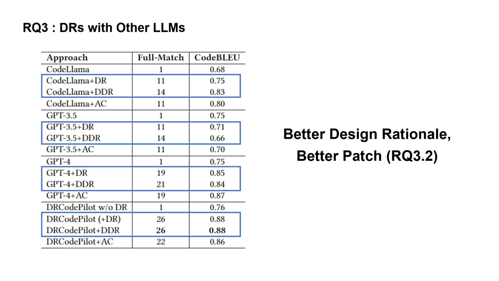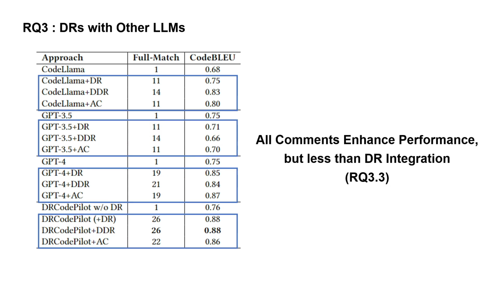This indicates that future optimizations of extraction tools could help close this gap and improve the efficiency of utilizing design rationales. Finally, directly inputting all discussions into the model also significantly improved repair performance, but was surpassed by utilizing design rationales in generating fully matched patches. This suggests that advanced models like GPT-4 can absorb useful information from developer comments, but are still disrupted by noisy content.